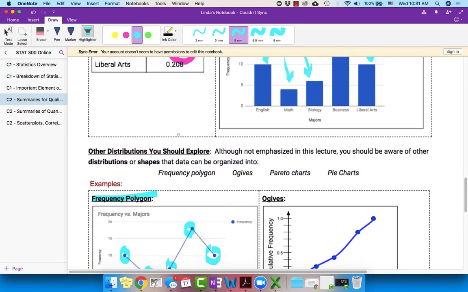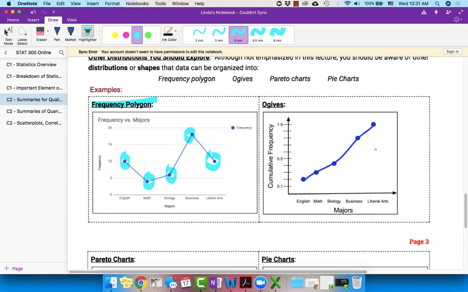And that gives you 0.291. And you can see from the ogive here, we plot English at 0.208, and for math, we don't plot it at 0.083, but we plot it pretty close to 0.3, because when you add English with math, you get a total of 0.291.